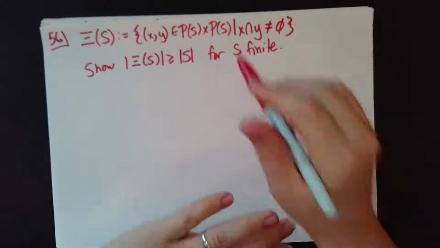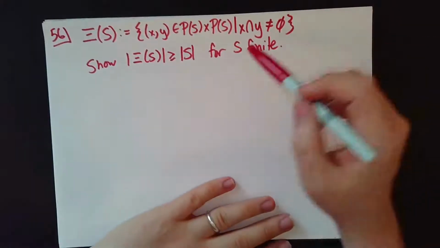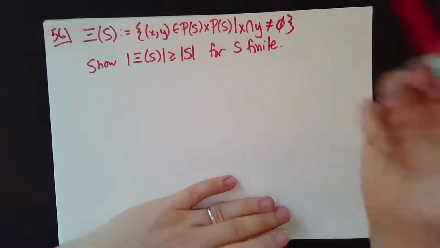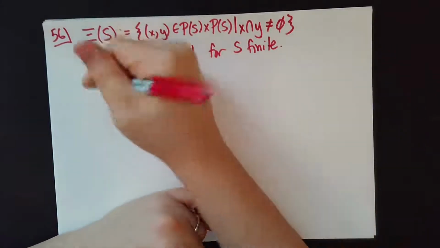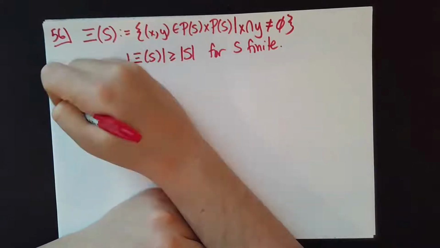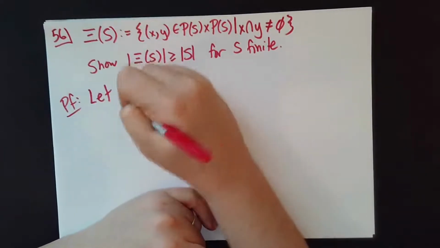Okay. And so in the hint, I'm pretty explicit that what you have to do here is to write down the elements of S. So let's let S be a finite set.